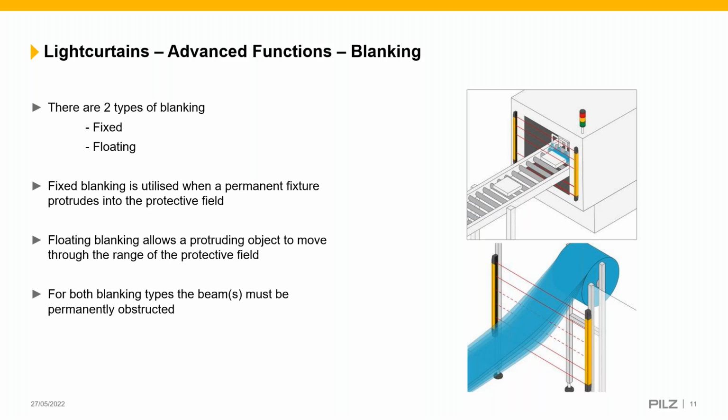So what you can do here, again with more advanced light curtains, is as long as there are the set number of beams which have been programmed to blank, always blanked, it doesn't matter which ones in the protective field it is. It will allow the light curtain to continue to give a healthy signal. But with both of them, as I said with the first one, then beams must be permanently blanked. If they're not, then you're going to have failures of the light curtain, or it's going to trip out.